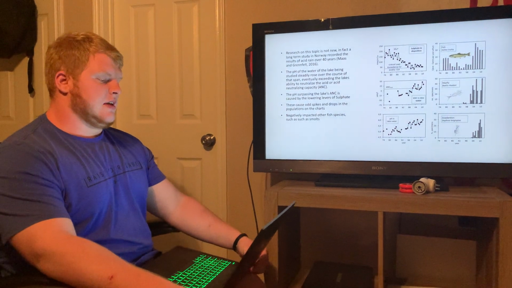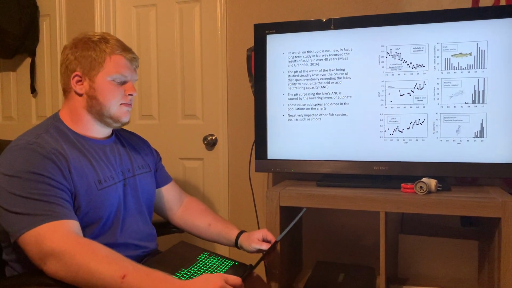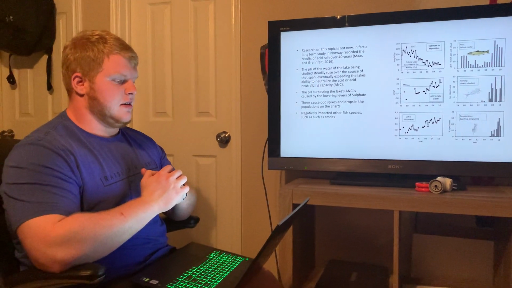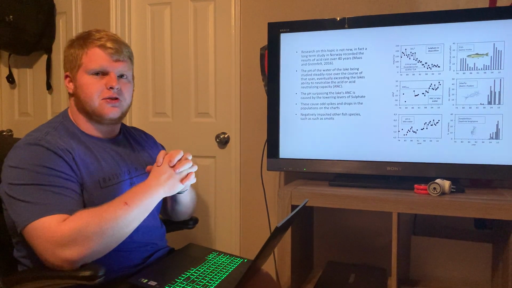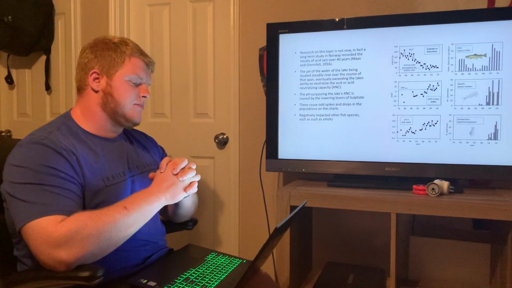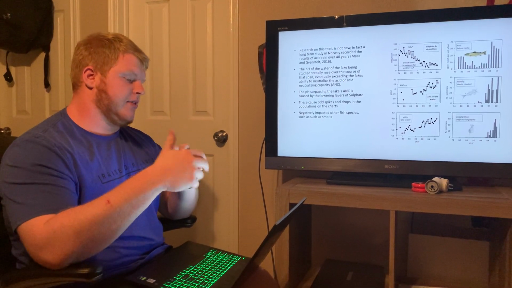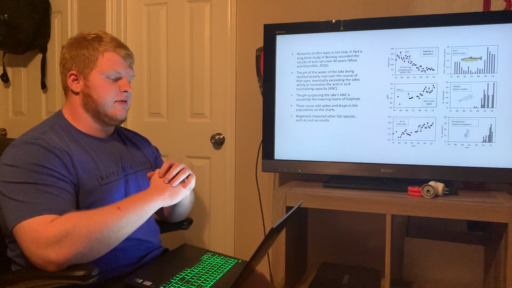In fact, there was a long-term study in Norway where scientists Mass and Grenfelt, I'm going to butcher their names, studied and gathered results of acid rain over the area for 40 years.